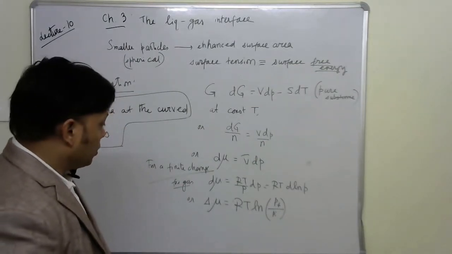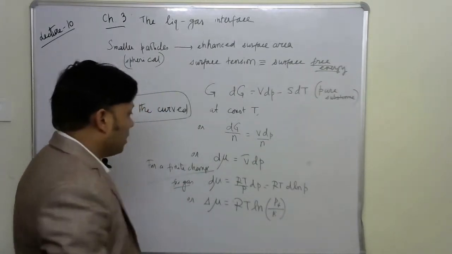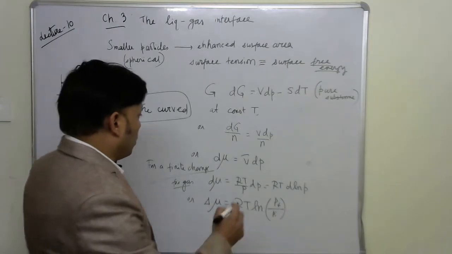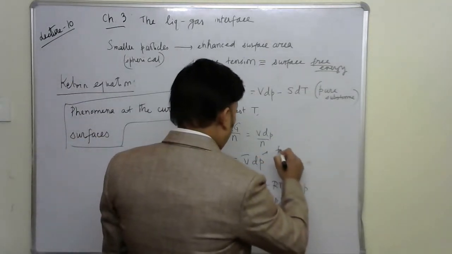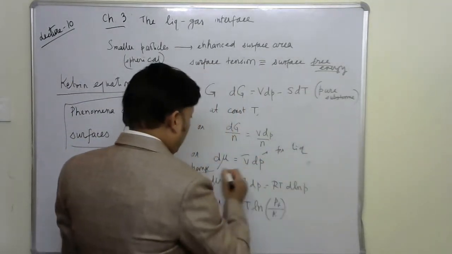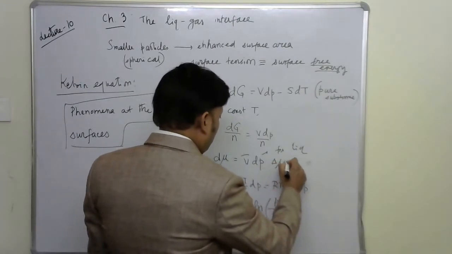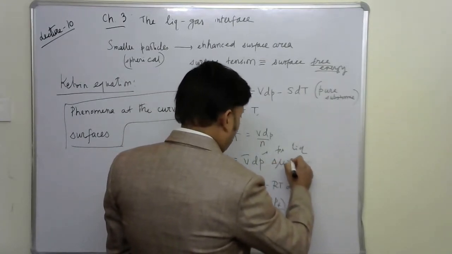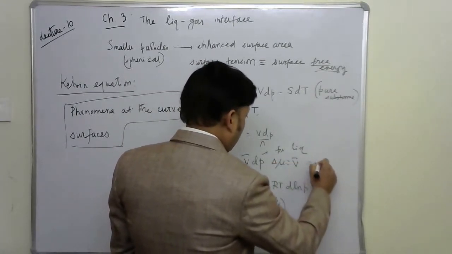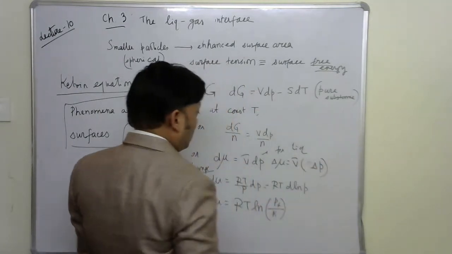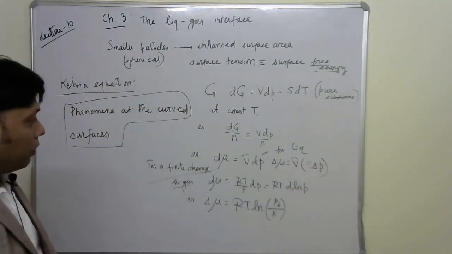That is for gas. The same thing for liquid: the finite change would become delta mu is equal to V bar multiplied by delta P, where delta P is just the change of pressure.